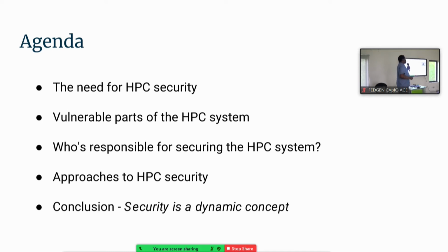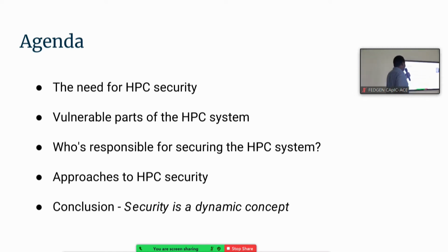That is, the HPC is a complex combination of so many parts: the nodes, your network, your storage, and things like that. So what parts are we concerned about when we are talking about security? Because the concept of security, depending on what part you're talking about, differs.